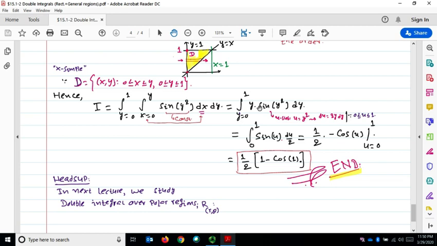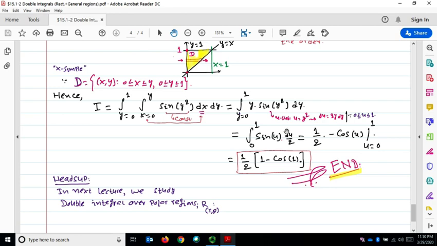Then let's rewrite our y integral as a u integral. Sine of y squared becomes simply sine u, and y dy becomes du over 2, with u limits 0 to 1. Now let's integrate.